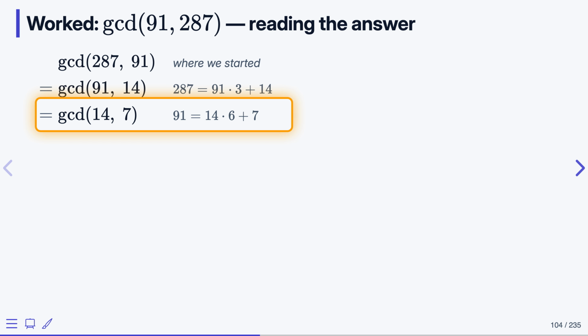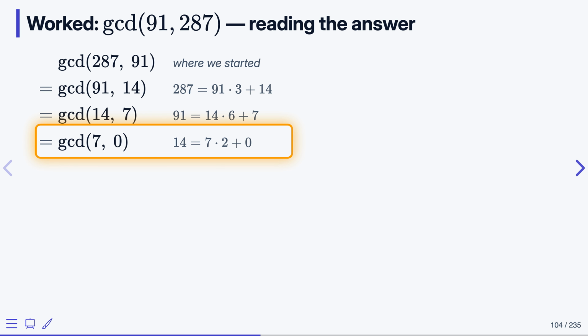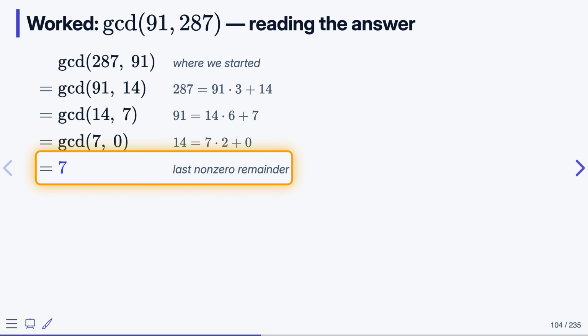The second division gave remainder 7, so the pair becomes 14 and 7. Step 3. The third division gave remainder 0, so the pair becomes 7 and 0. Step 4. The greatest common divisor of 7 and 0 is 7, because everything divides 0. So the answer is 7, which is the last non-zero remainder in the run.